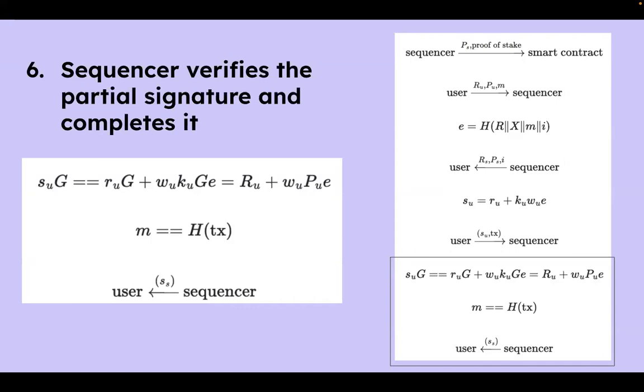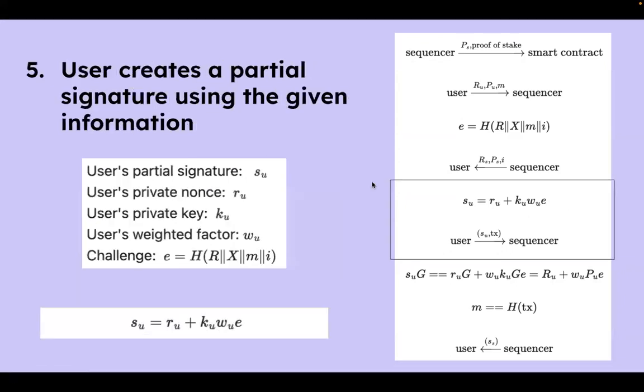But to prevent it more technically, we can use time lock cryptography here too. So the user shares the partial signature and the transaction here, but not the transaction data.